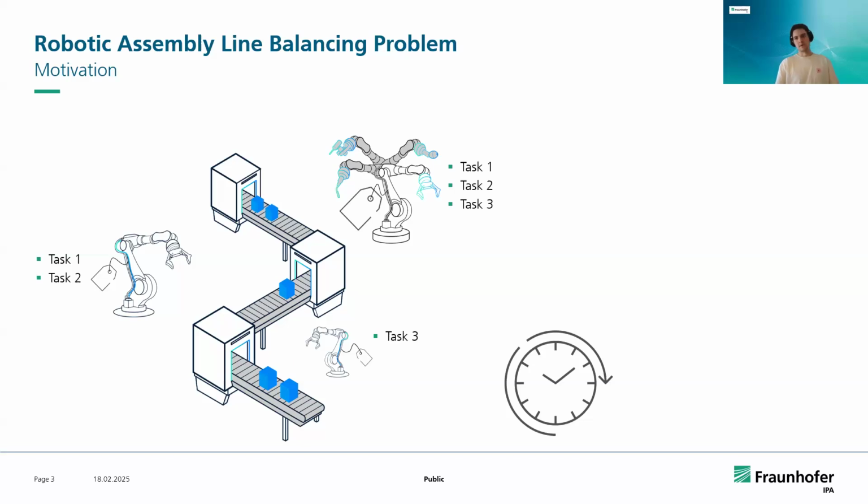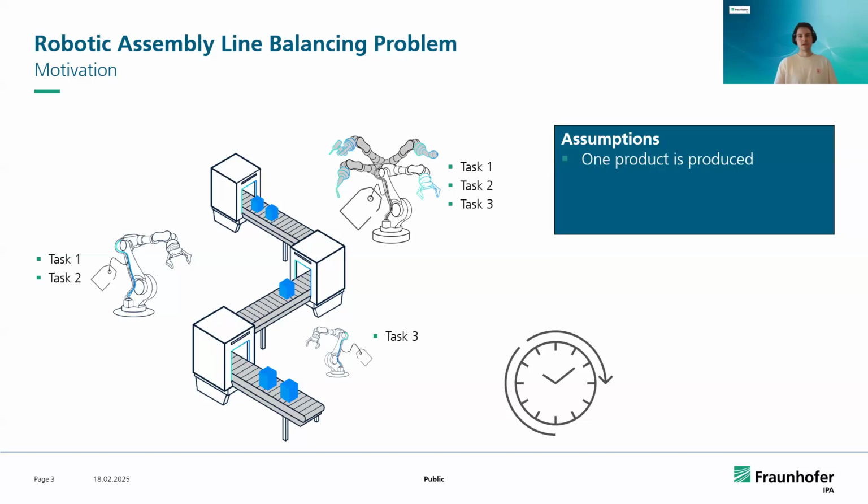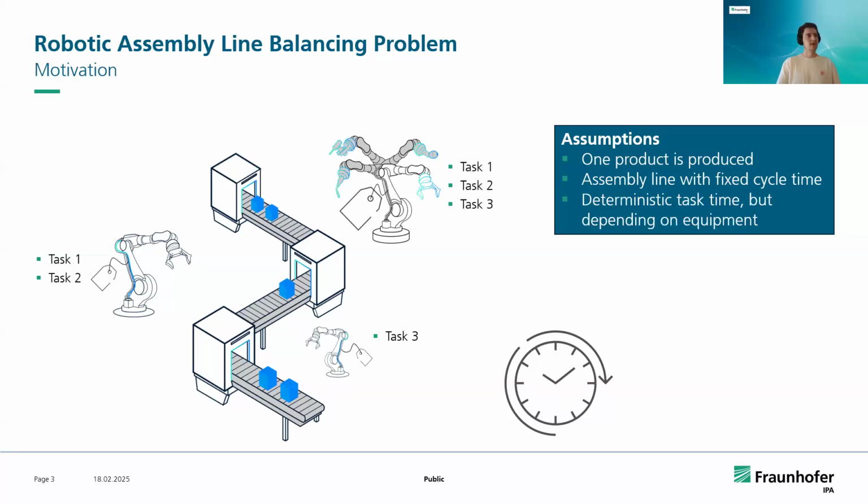And we'll make a couple of assumptions to help us formalize this problem. One, we only produce one product, so it's always the same tasks that have to be fulfilled. The assembly line has a fixed cycle time, and we have deterministic task times per machine, but they can depend on the machine.